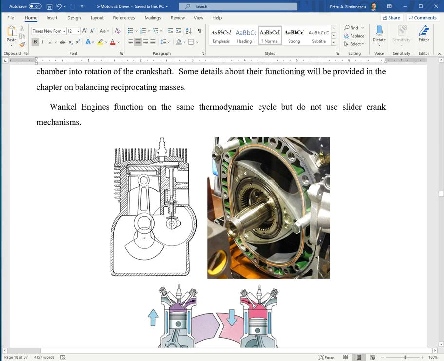And then there are aircraft engines, including model aircraft engines, that use Wankel design. The problem with Wankels is that, yeah, it's simple. It has much better balance. It's just rotating masses, which can be fully balanced. But the problem is with sealing. There are issues with sealing the tri-lobe rotating body relative to the oval chamber.